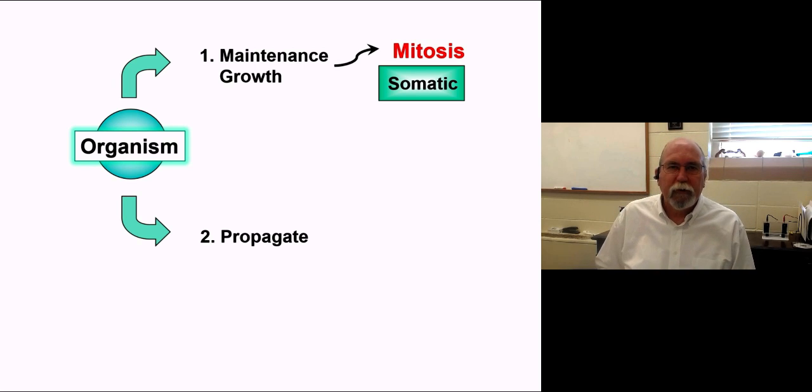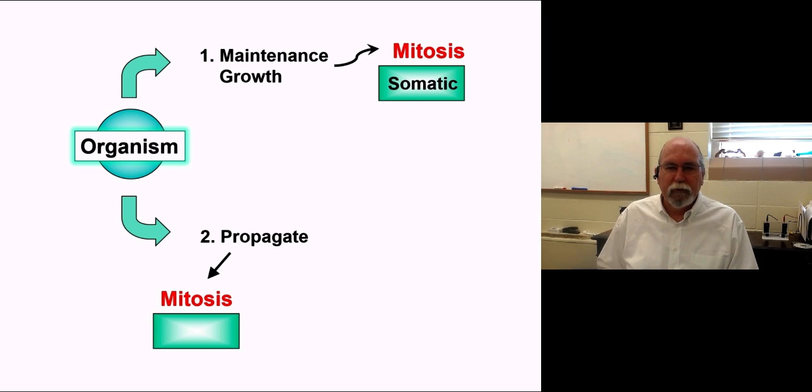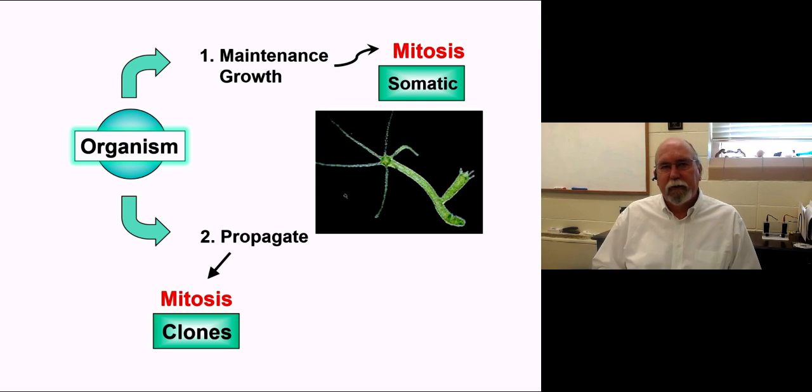Now, as far as propagation or reproduction, it can happen through mitosis as well. We've all seen this idea of clones. You've probably experimented with a little hydra under a microscope, and you see these buds come off the side, and the bud breaks off, and that becomes a new hydra. It does that by mitosis.